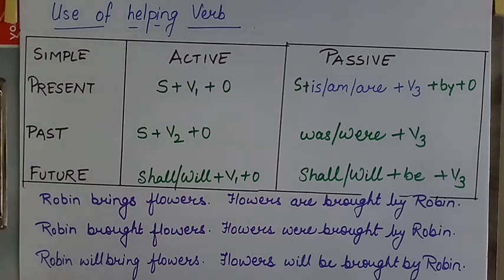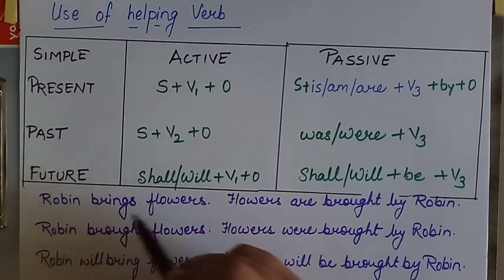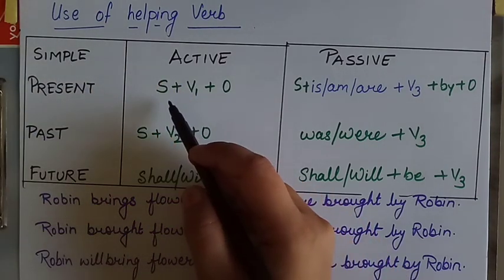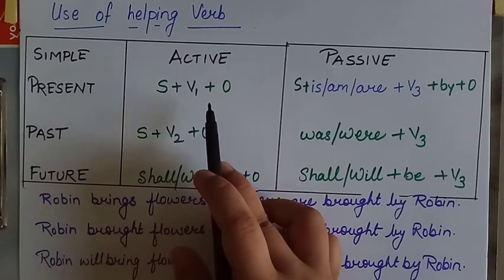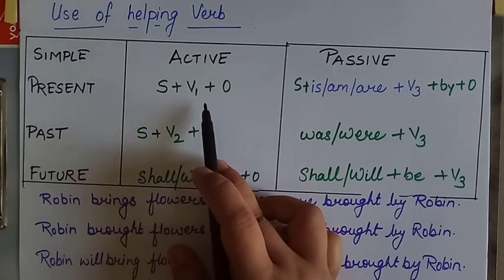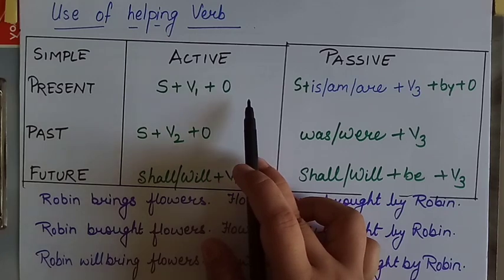We all know there are three types of tenses and all three types have four subtypes. So we'll start with simple. Let's recall the sentence formation of simple present tense. It is subject plus V1, that is verb first form, with object.